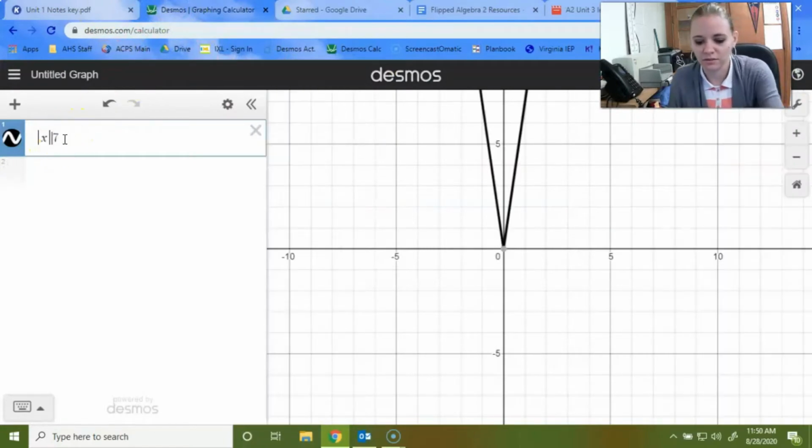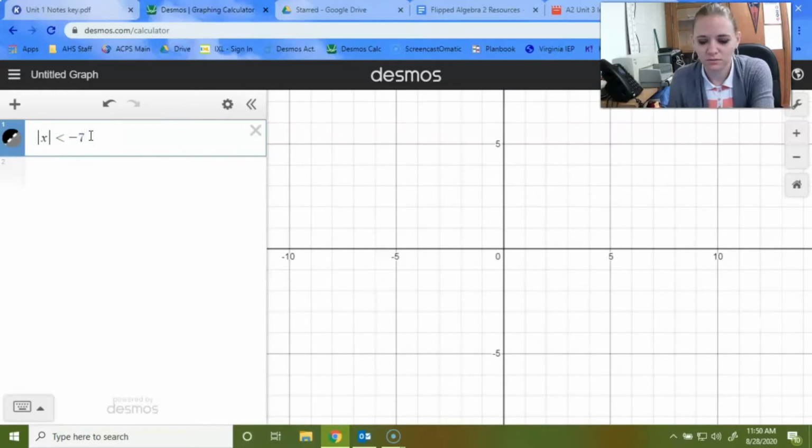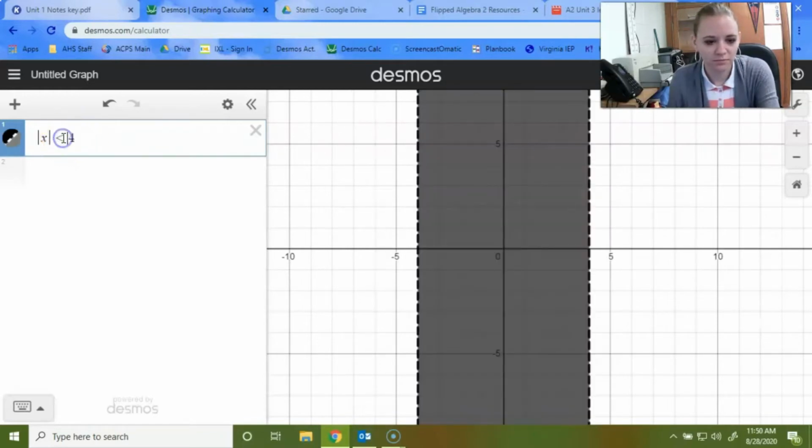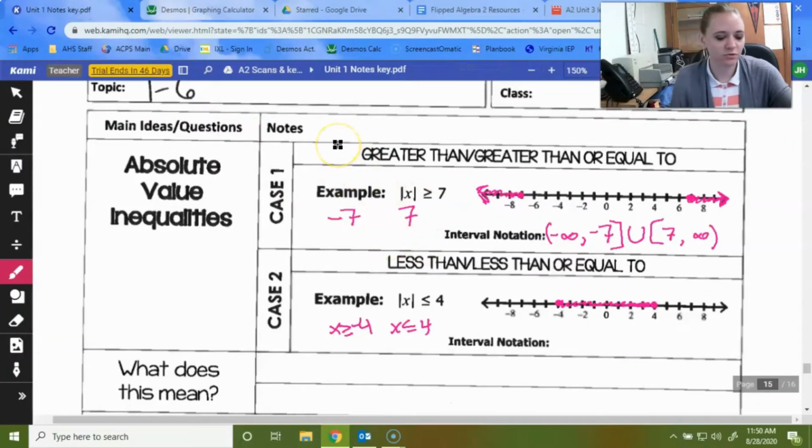Checking this out in the calculator. Push the wrong button. There we go. The absolute value of x less than or equal to 4, and again we get that shaded area in the center. So how does that look in interval notation?